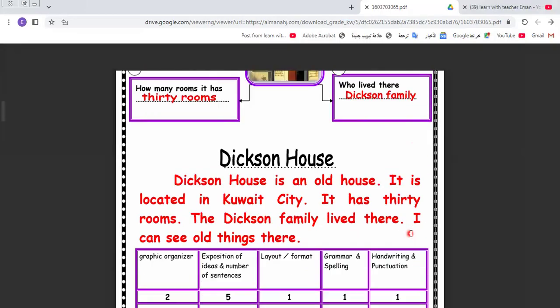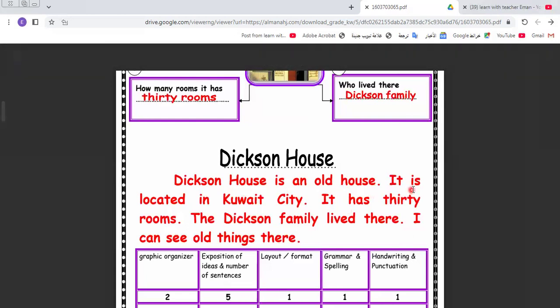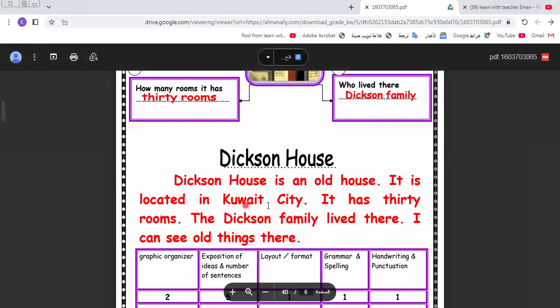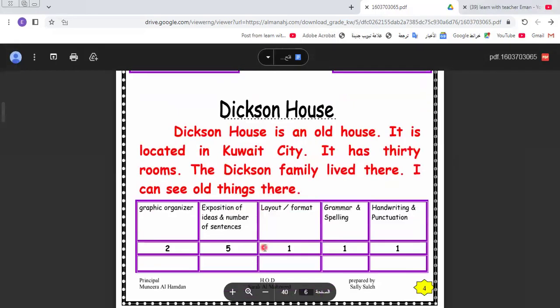The Dixon family. The Dixon House is an old house. It's located in Kuwait City. It had 30 rooms. How can we clean this house? We don't know. The Dixon family lived there. I can see all things there.